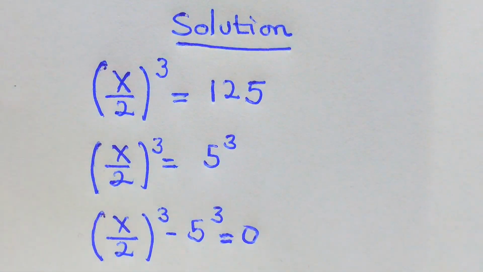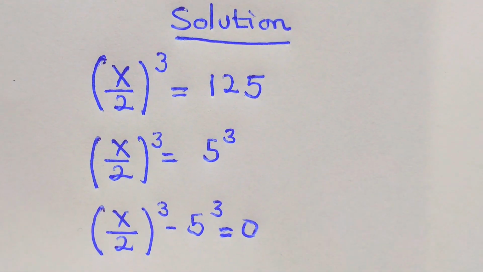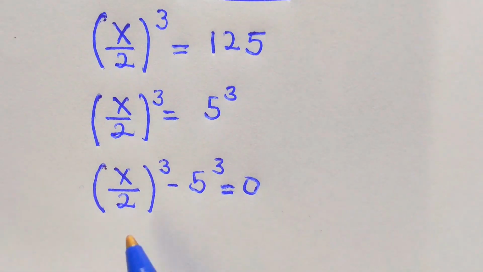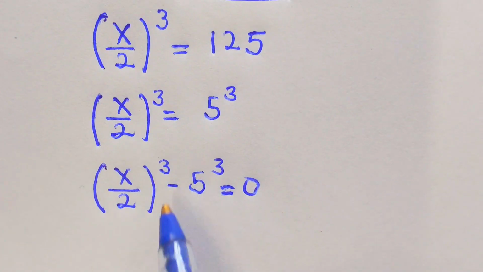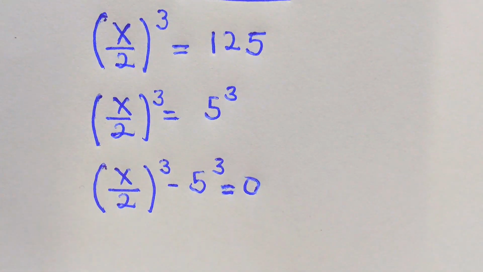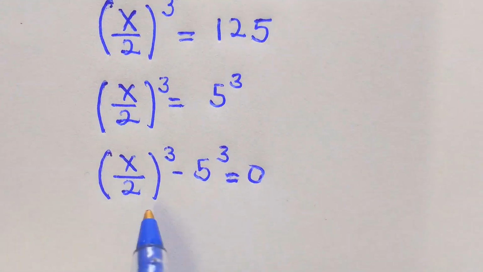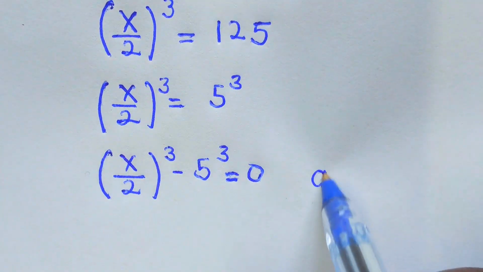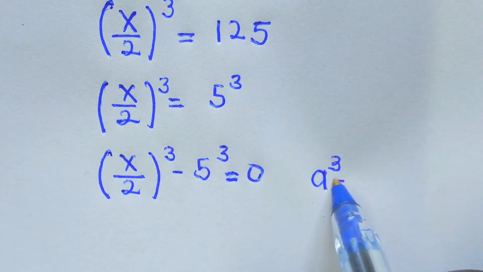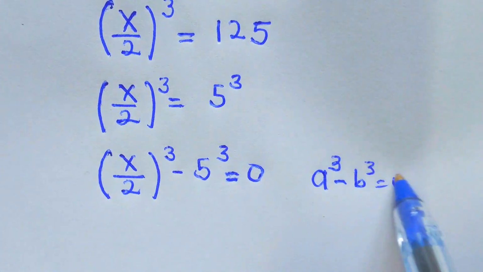And remember that when you are solving a question like this, there are different ways we can use to solve it quickly. Today I am using this equation: it looks like a power 3 minus b power 3 equals 0.